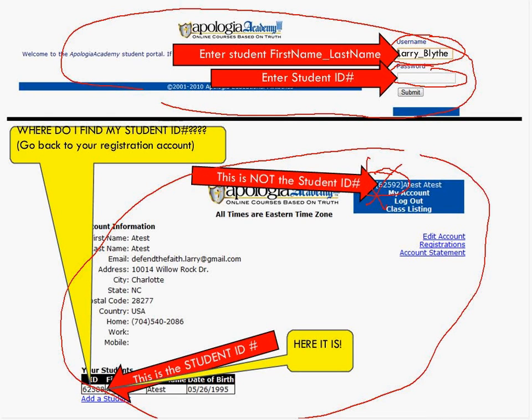That is your main ID. The student ID is next to the student name, A Test, down here. That's their number. That goes right in there on the Student Portal. So first name underscore last name, and then that student's student ID number right there. Click on Submit. It takes you right into the Student Portal.